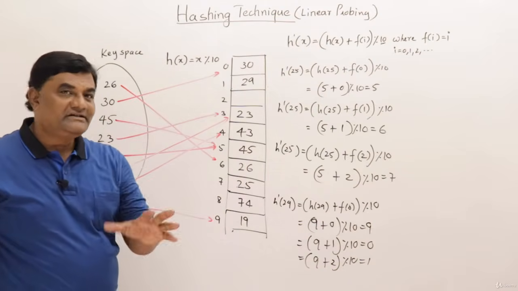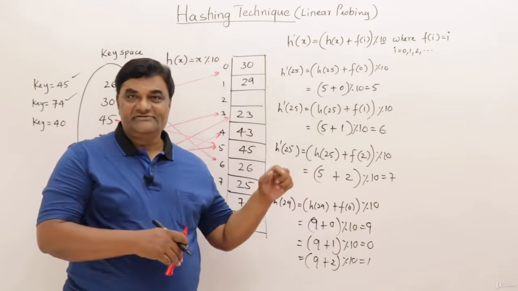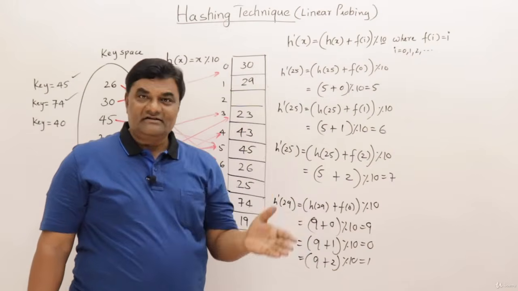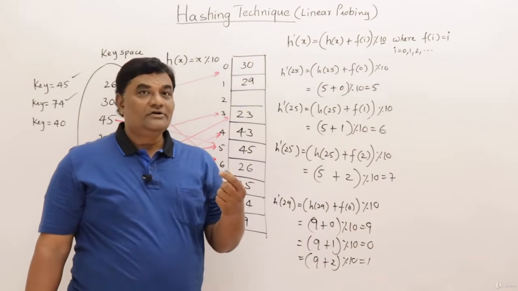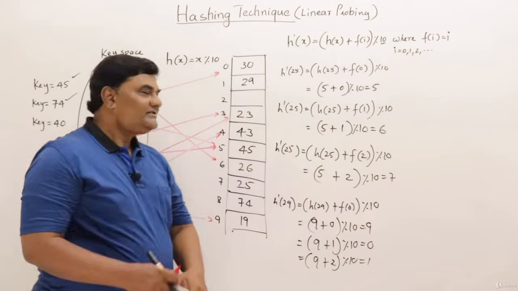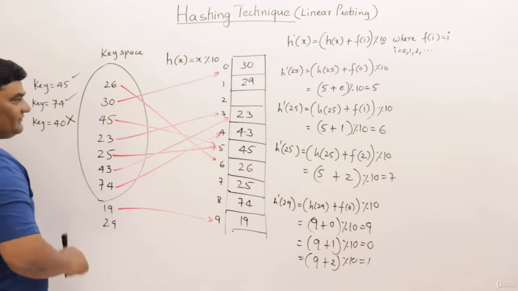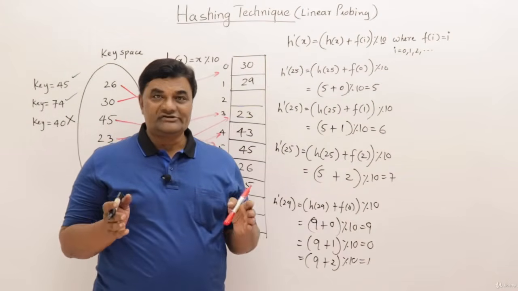An empty place found means the element is not there. So the method for searching is: take the hash function, get the index, go to that index, and go on searching linearly until either the key is found or you get a free space. So this was unsuccessful. 40 was not found. So that's all. I have shown you how to search.